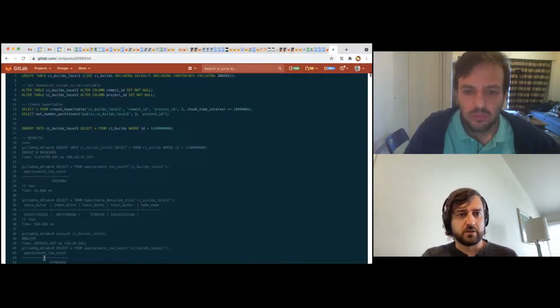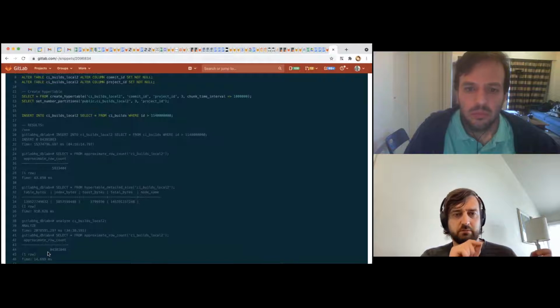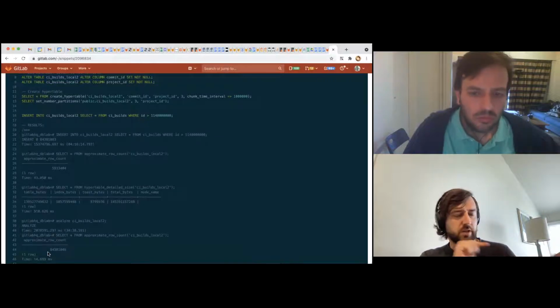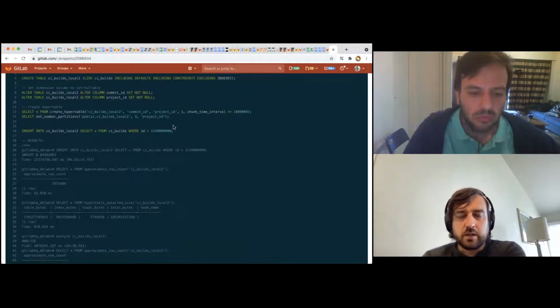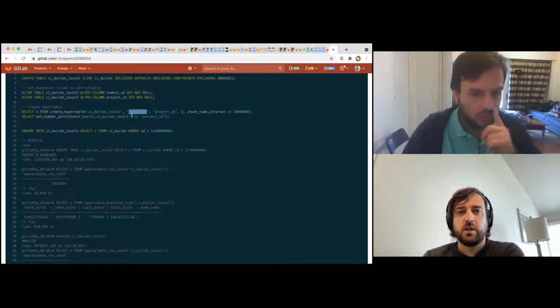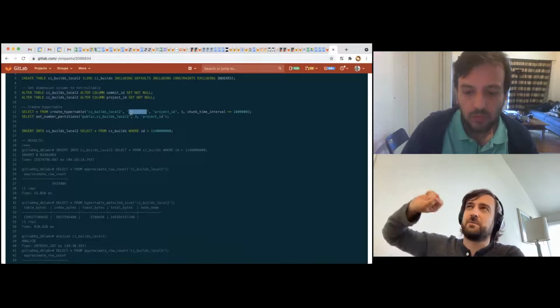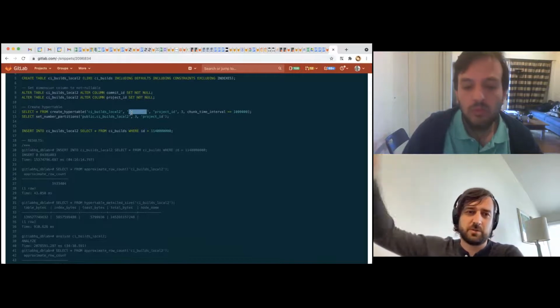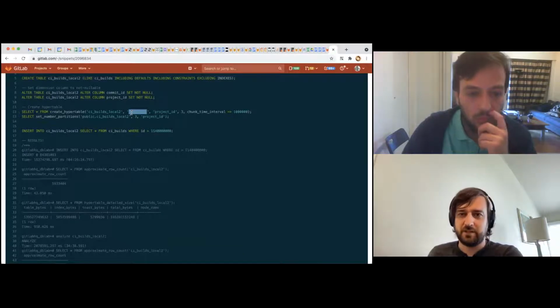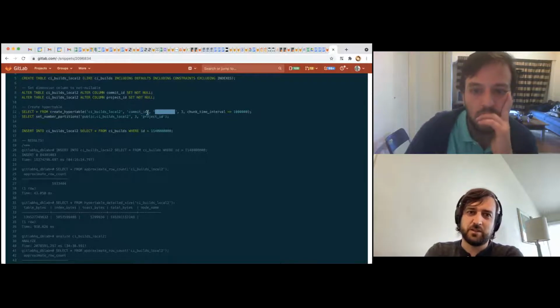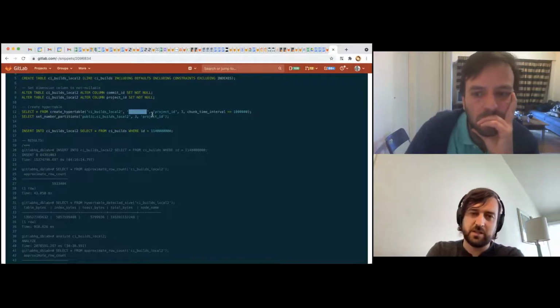I compared querying the original table and the partitioned table with Timescale. It worked well. Interesting thing: additionally, we can use 2 dimensions for partitioning. It's like some thought towards sharding, because Timescale 2 also has sharding, and we can use not only time or commit ID in our case, but also project ID.